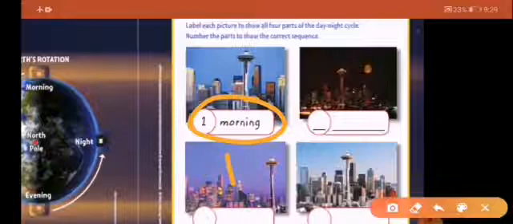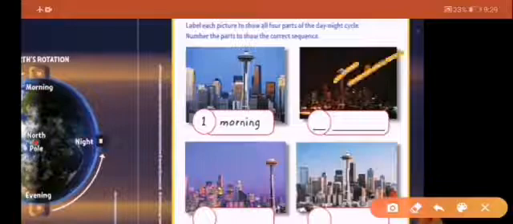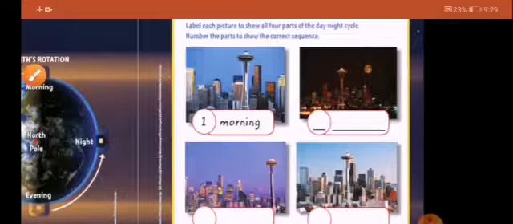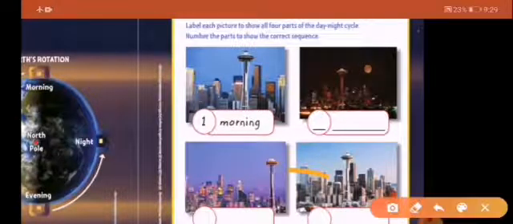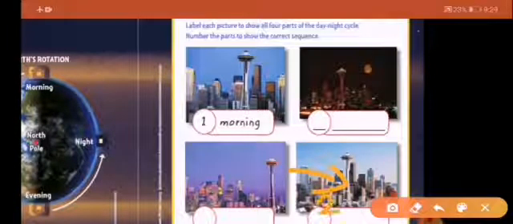Is this the daytime? No, of course not. Yeah, very well. It will be number 2, the daytime, because in this picture we can still see the Sun. So it will be the daytime.